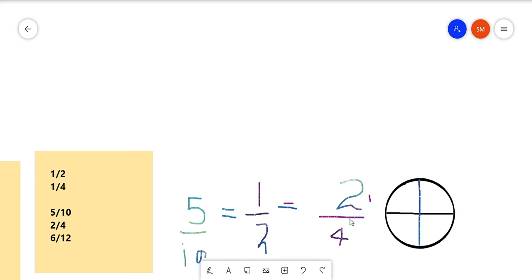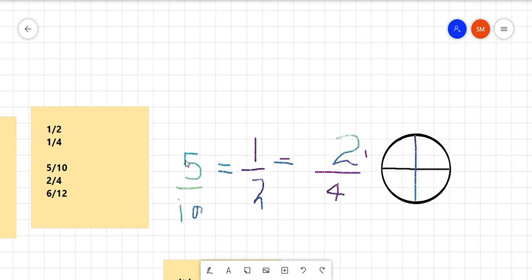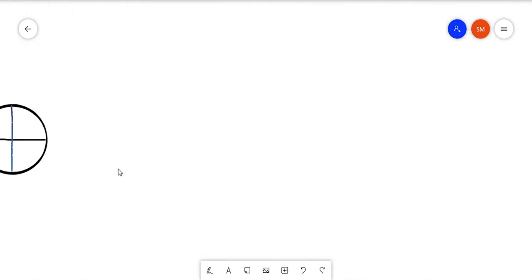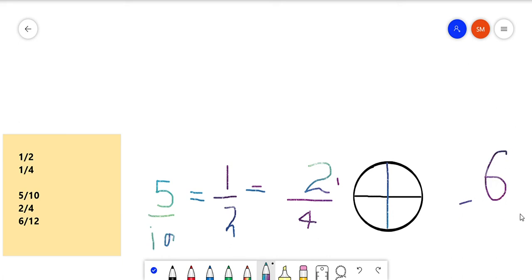That's a rule in fractions, decimals, etc. Can you think of other fractions that would be equivalent to 5/10? There are more, like 6 out of 12. 6 out of 12 is 1 half.